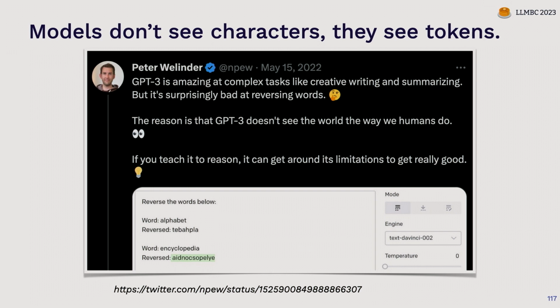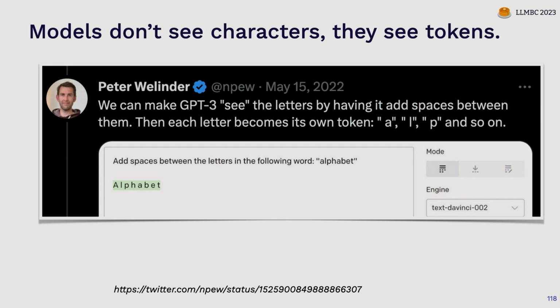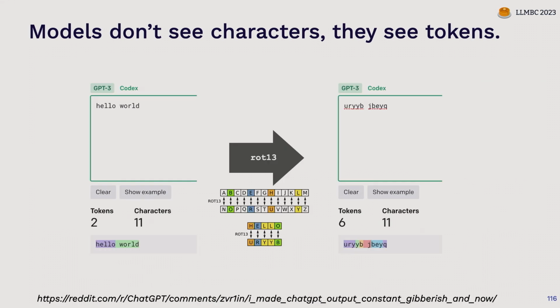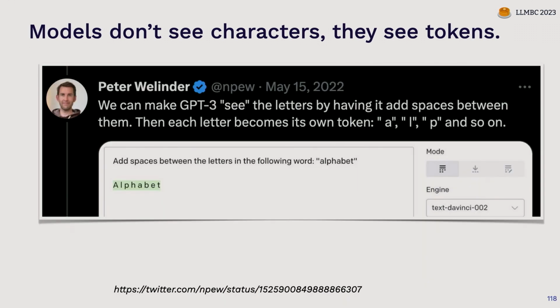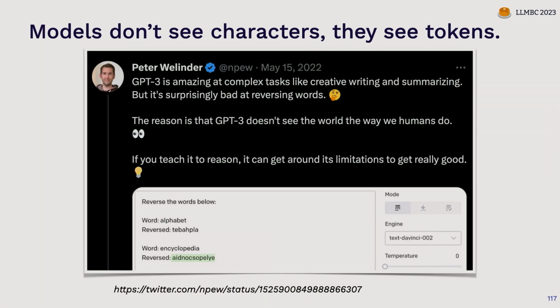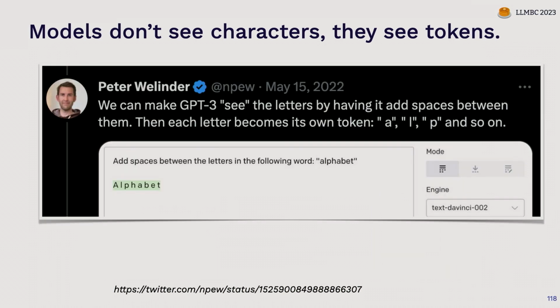But the core reason turned out not to be a limitation of GPT's reasoning, but a limitation of the tokenization. When GPT sees the word encyclopedia, it sees a single token, a single concept represented in the model. So it's hard for it to reverse that, because that's not a thing it associates with the word encyclopedia.